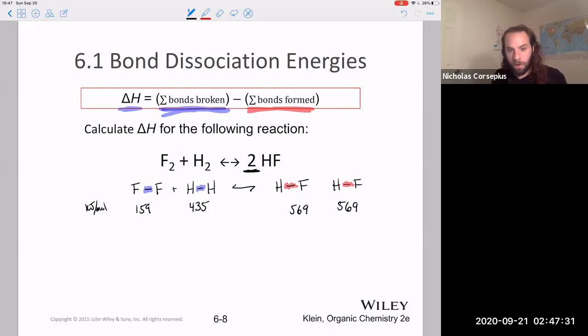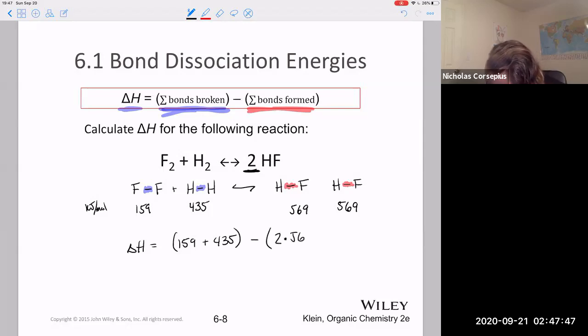Okay, so here we go. I'm going to take my bonds broken and subtract the bonds that are formed. So that means my delta H is going to be equal to 159 plus 435 minus the 2 times 569.